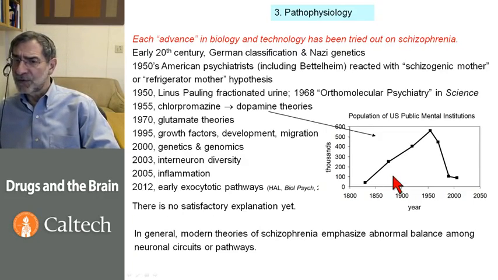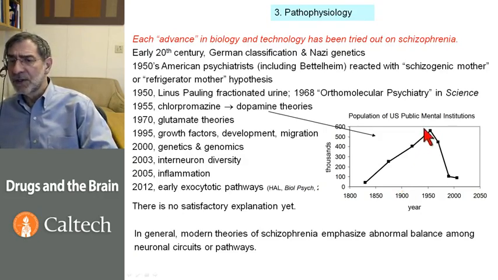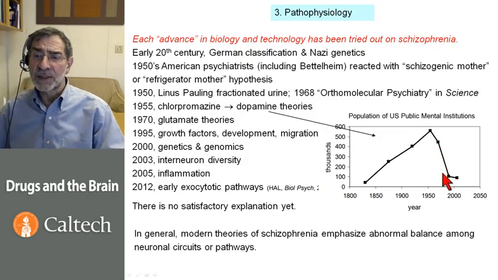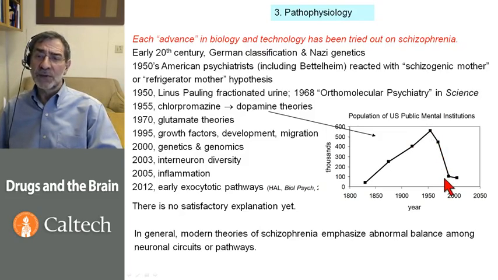The same was probably true in other advanced countries, but the advent of chlorpromazine allowed people to suppress the positive psychotic symptoms and to lead better lives. And so the policy decision then was to release people from the mental institutions and allow them to live independently.